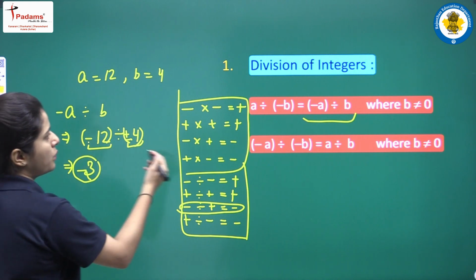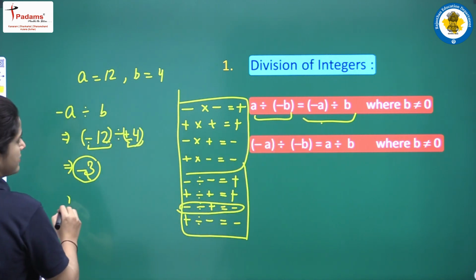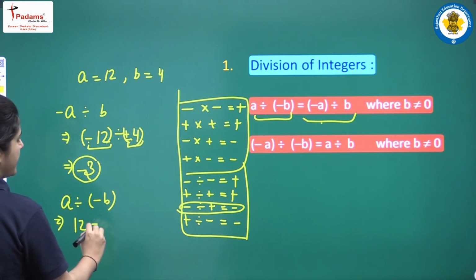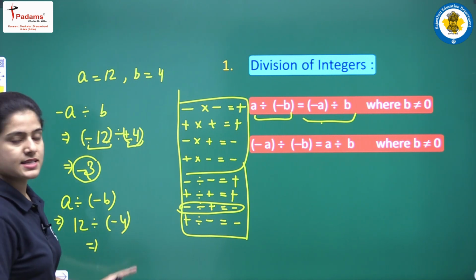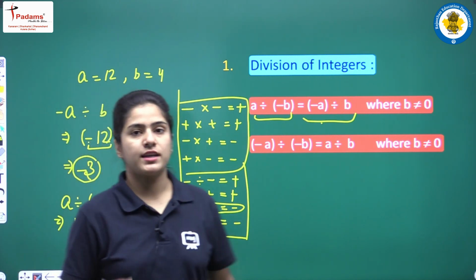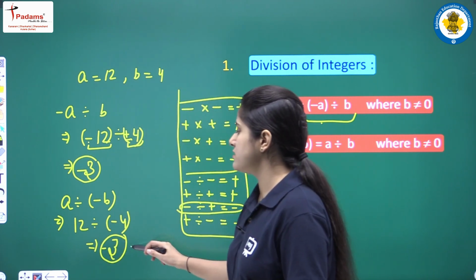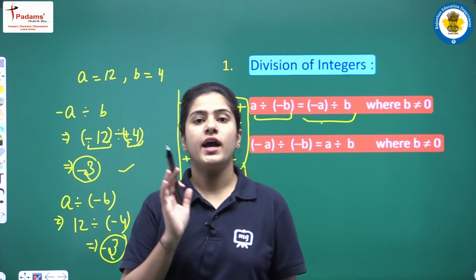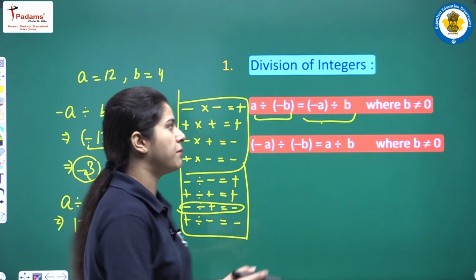Alright students, now we'll take this: 12 divided by minus 4. Plus divided by minus is equal to minus. So 12 divided by minus 4 is equal to minus 3. Alright students, so clearly you can see that minus a divided by b is equal to a divided by minus b, which is the same. So this was all about this part.